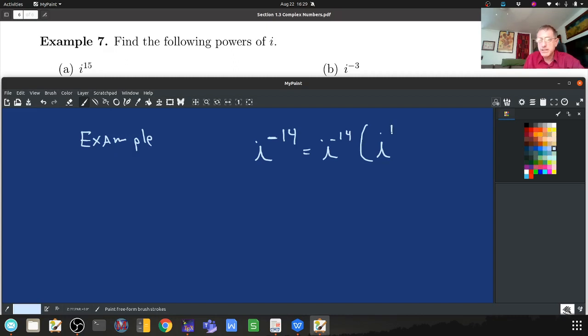Well, 16 is evenly divisible by 4, so i to the 16th is still just 1. So that's the same as i to the minus 14 plus 16, which is i squared, which is equal to minus 1.